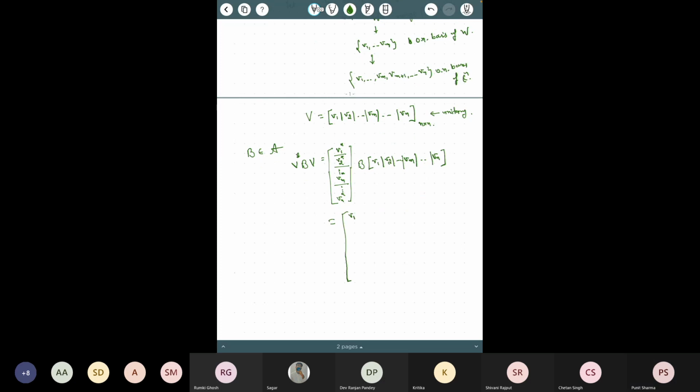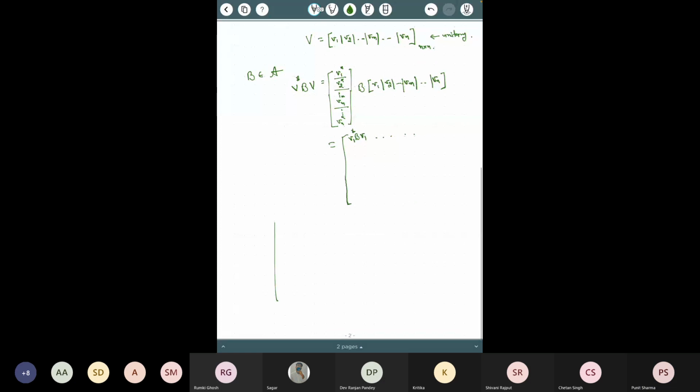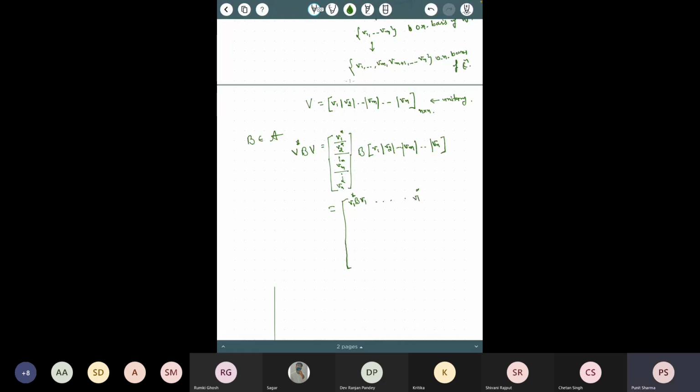The first entry would be V1 star B V1, and the second entry would be V1 star B V2, and so on, right? So this would be V1 star B Vn, and likewise you can write all the entries.